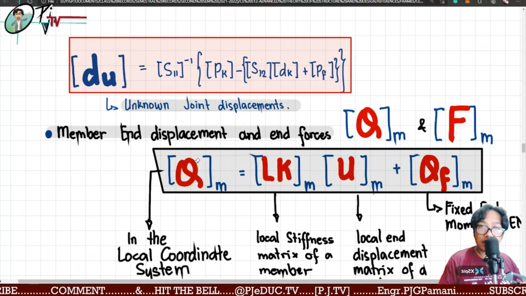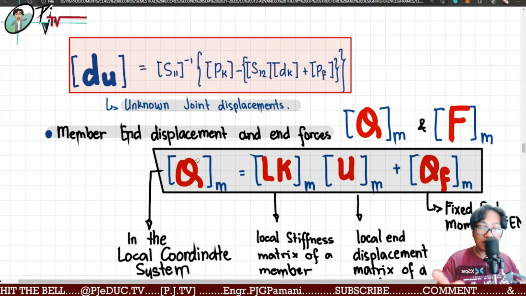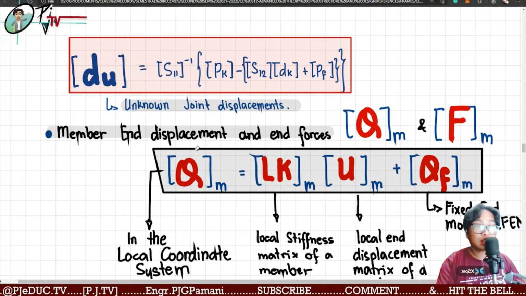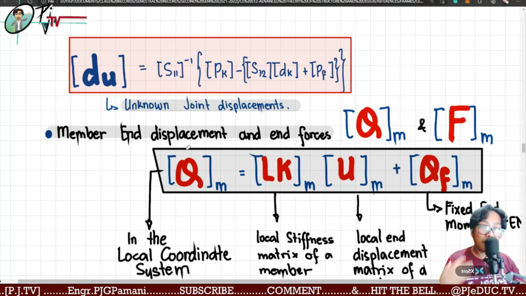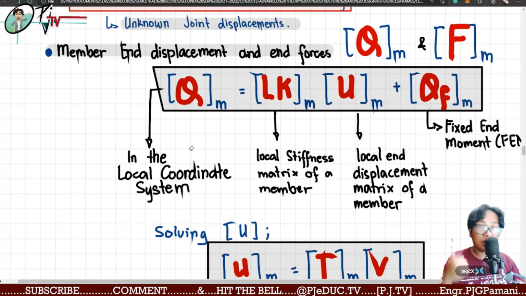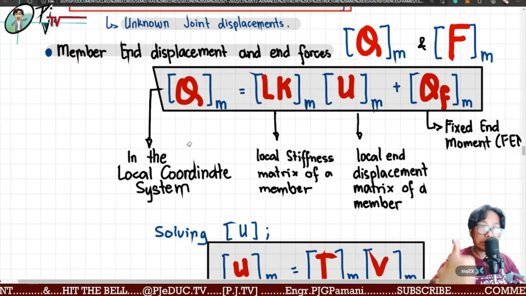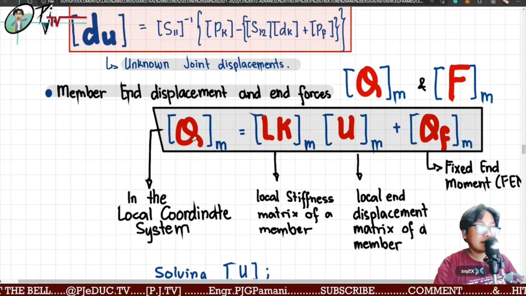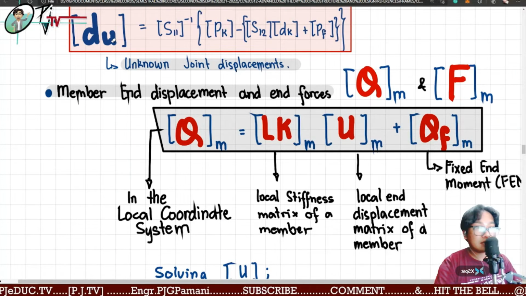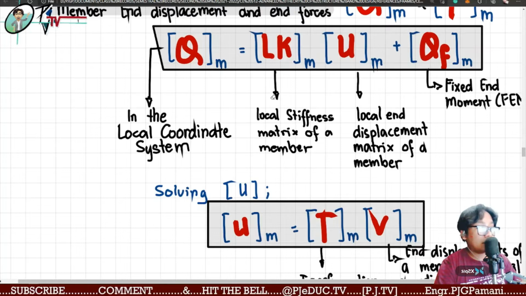Now, after solving the joint displacement, we will now be able to solve for the member end forces and end displacement of each member, or the actual member end displacement and end forces on both its local coordinate system and global coordinate system. Solve na natin yung displacement, hanapin na lang natin yung ating formulas dito.